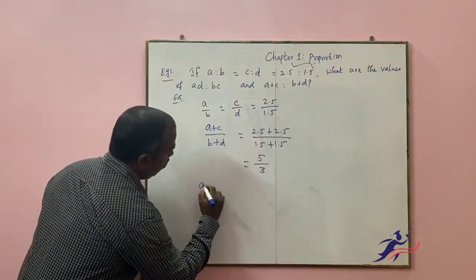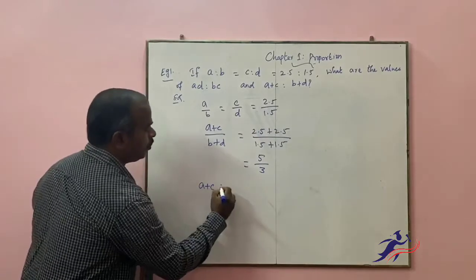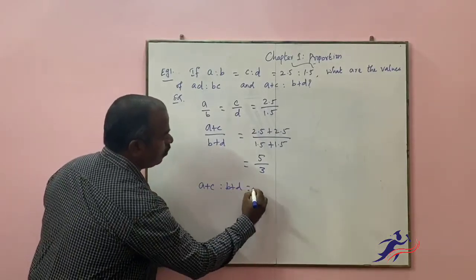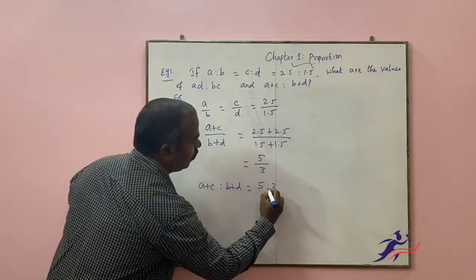So A plus C is to B plus D is equal to 5 is to 3.